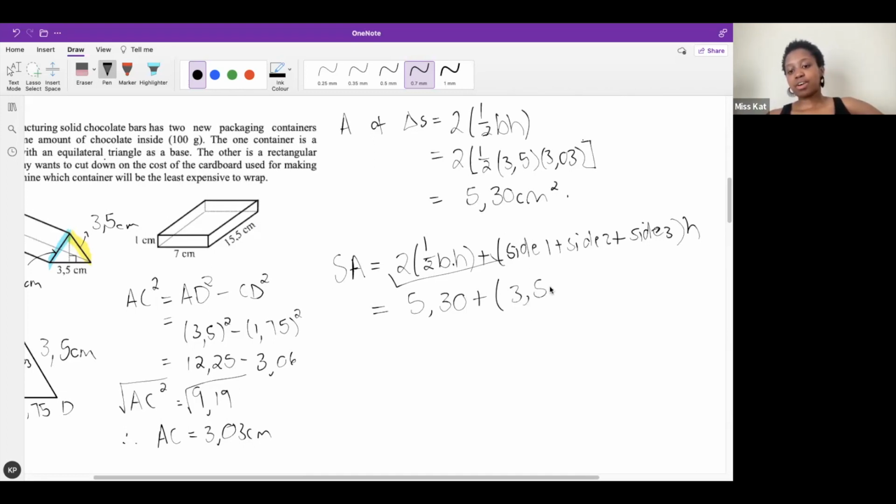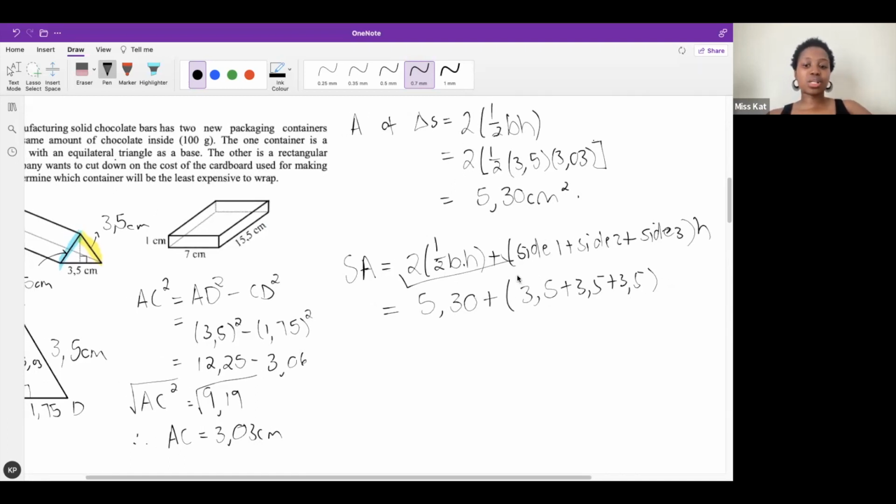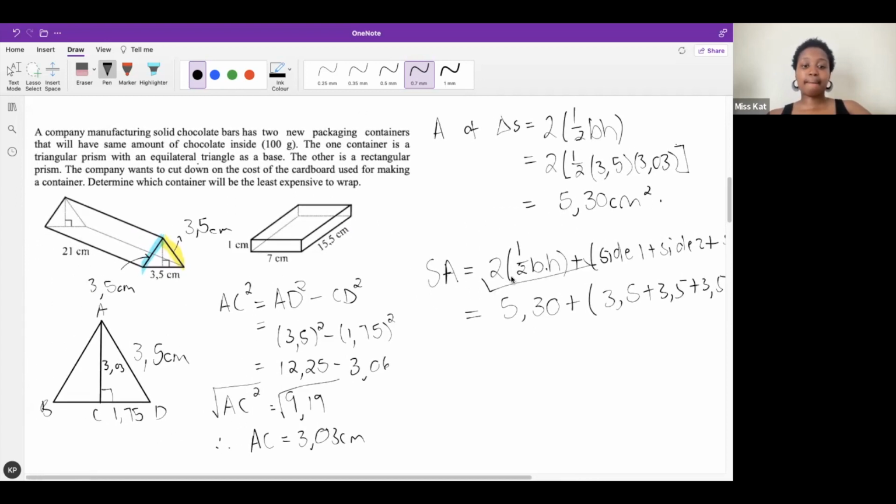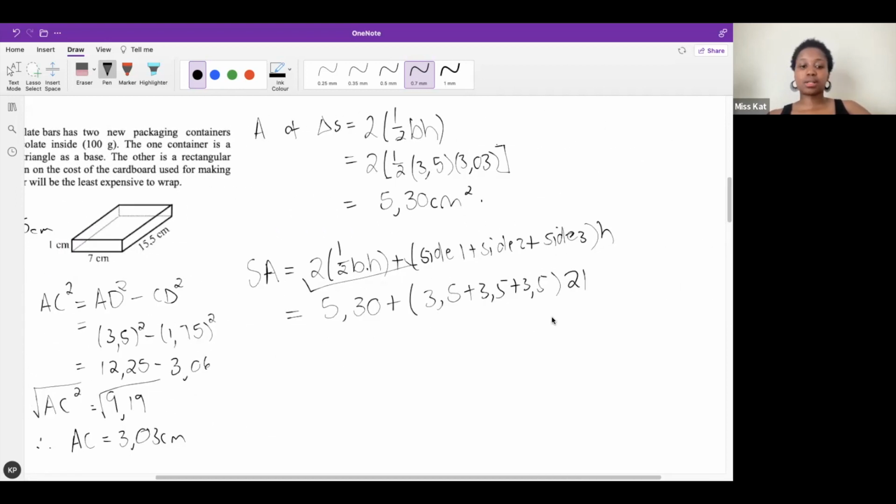So it's 3,5 plus 3,5 plus 3,5 times our height, which was 21. Okay, let's see what our surface area is then. 3, 6, 9, 10,5 times 20, it's here on our calculators.